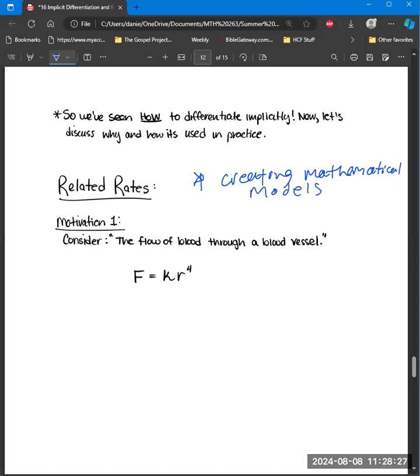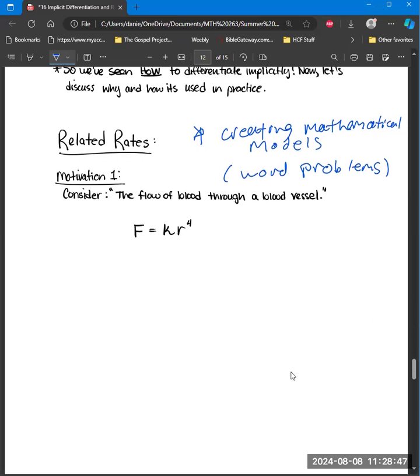And typically these are word problems. Let's just talk about this one for a second. This one's going to be a little more spicy, let's say, a little more complicated because we have that k value involved here.